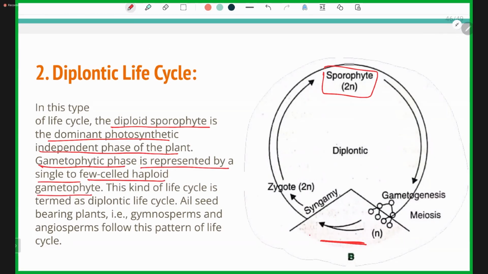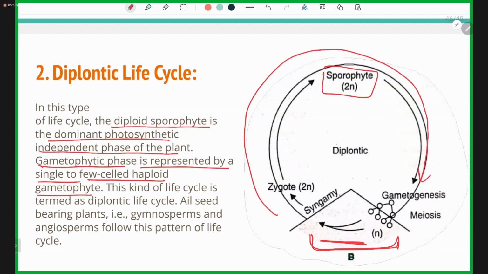The gametophyte is only present in this portion of the whole life cycle, but the sporophyte spans the whole life cycle, as in gymnosperms and angiosperms. This kind of life cycle is termed the diplontic life cycle. All the seed-bearing plants, such as gymnosperms and angiosperms, follow this pattern.